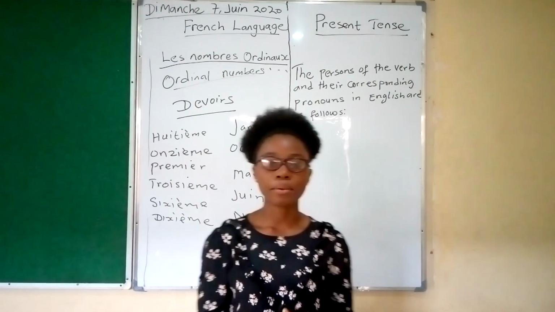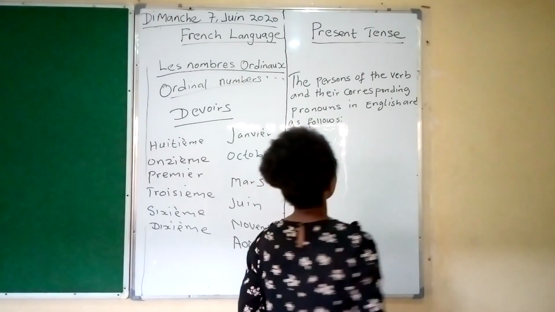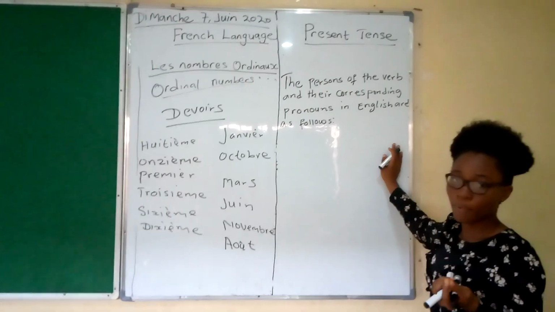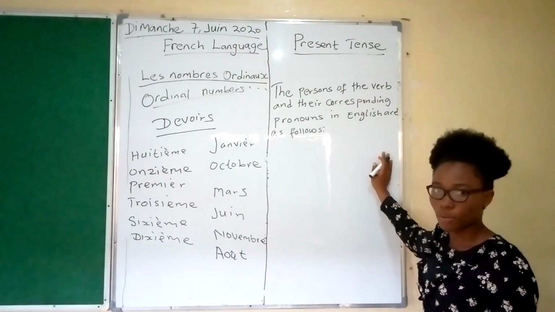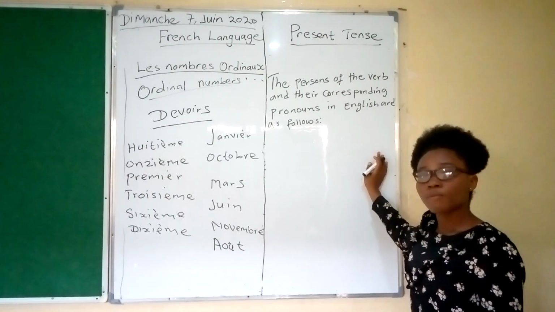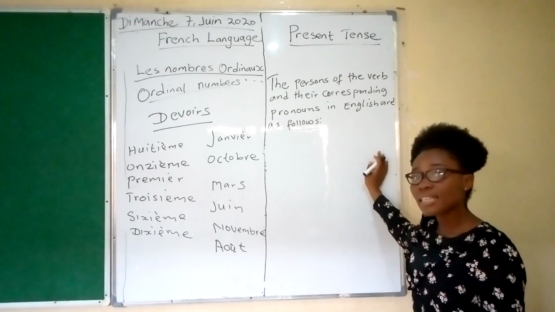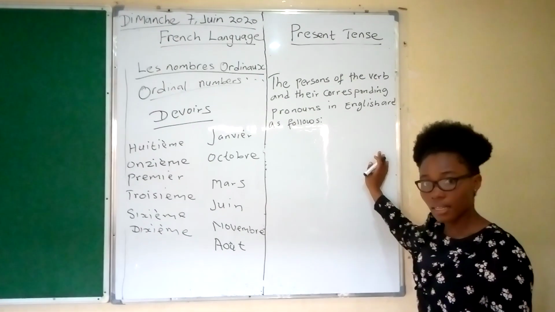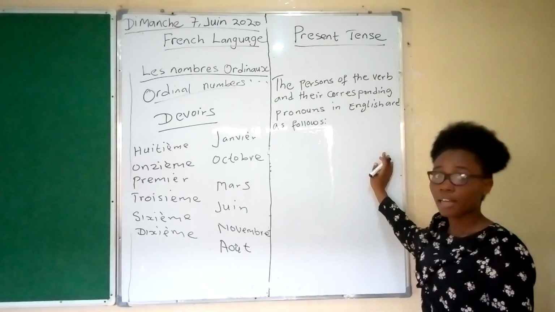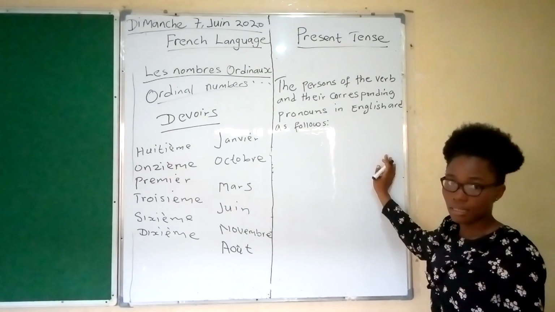I will reply to you. Now let's go to the next one on the board, present tense. We are progressing. Congratulations to you. In French, unlike English, verbs are presented in conjugation. You must conjugate them before you use them. Verbs are action words or doing words in a sentence.